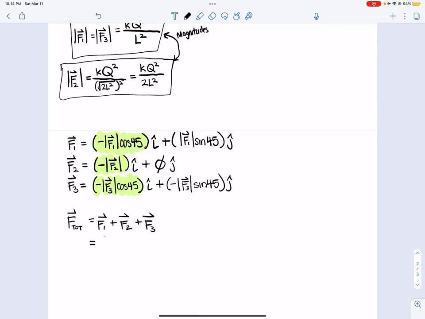So I will have negative magnitude of force 1 times cosine of 45, minus the magnitude of force 2, minus the magnitude of force 3 cosine 45, all in the i hat direction, okay? Now let's get the values for j hat, or along y, and add them together.